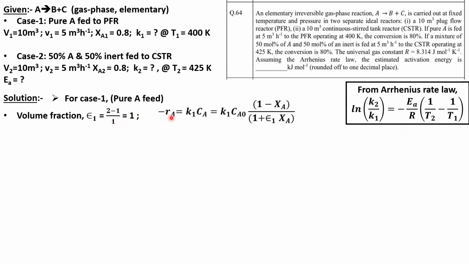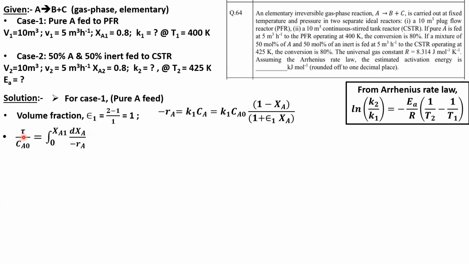Further, the rate expression can be written as K1 Ca, which can be further written as K1 Ca0 into (1 minus Xa) by (1 plus epsilon 1 Xa). Now we will use the design equation for PFR. Tau by Ca0 is equal to integral 0 to Xa1 dXa by minus Ra.